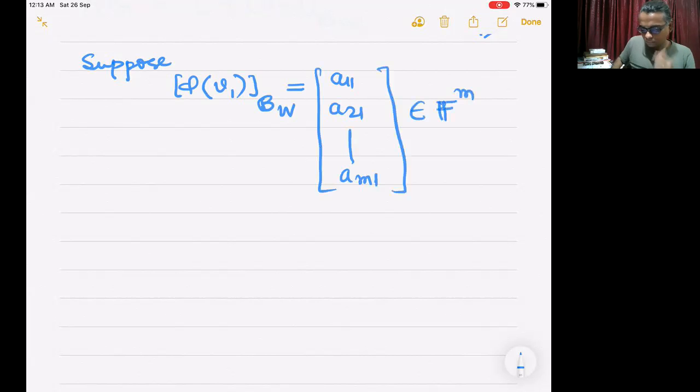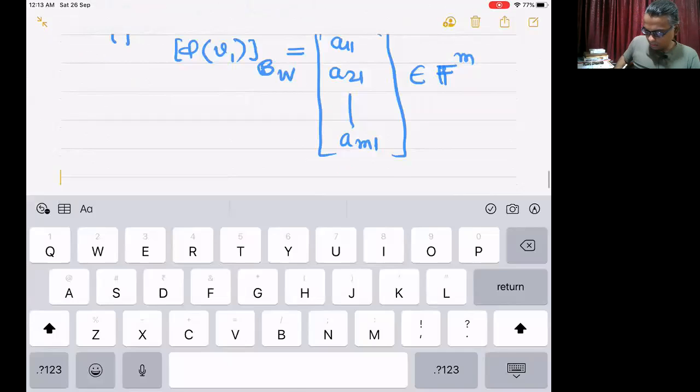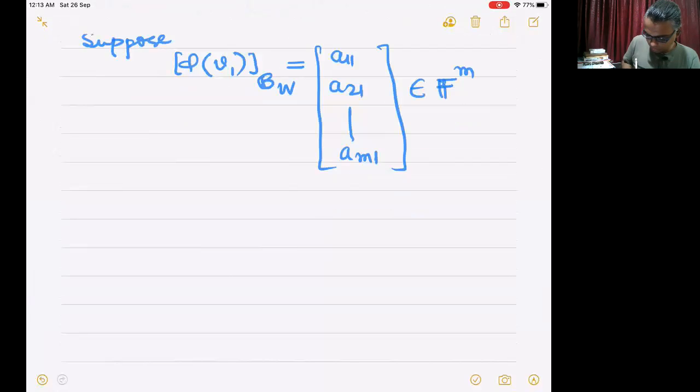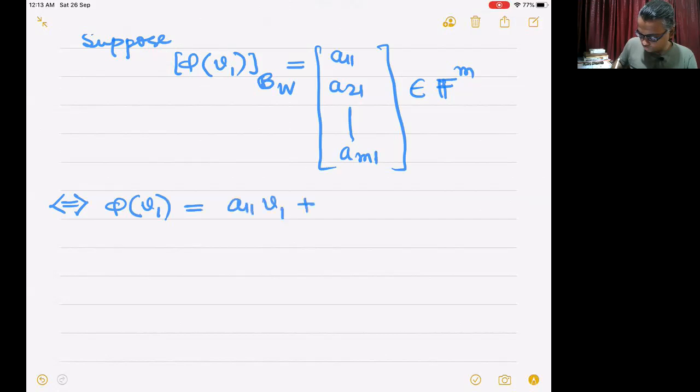What does this mean? From the definition of coordinates, this is equivalent to saying phi acting on V1 is A11 W1 plus A21 W2 plus up to Am1 Wm. That's the unique linear combination.